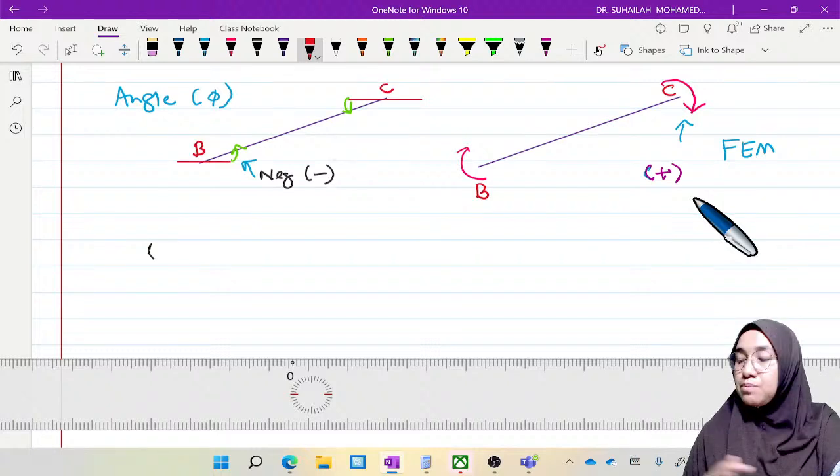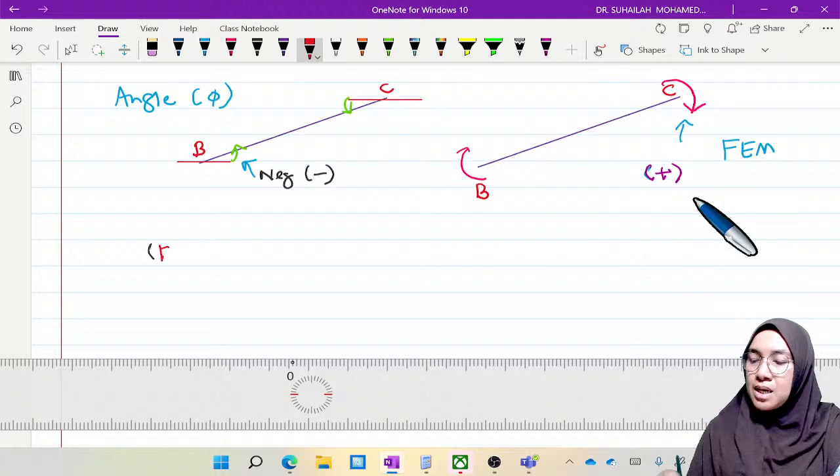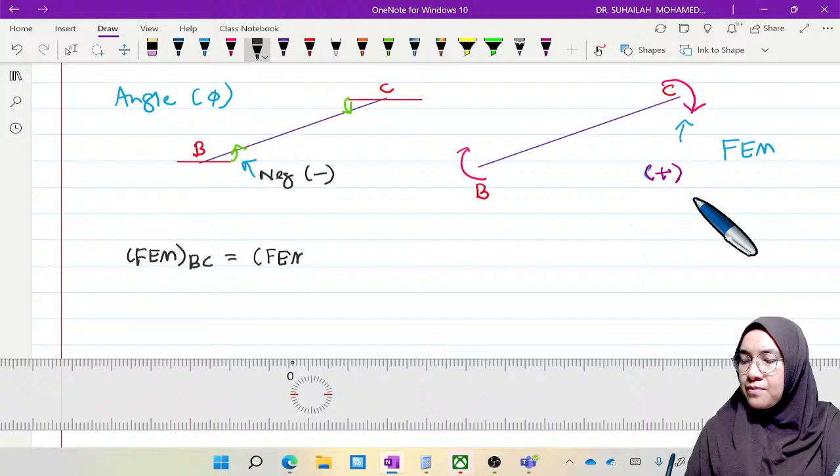For member BC, FEM BC is equivalent to FEM CB, and this FEM is positive, so we put positive.